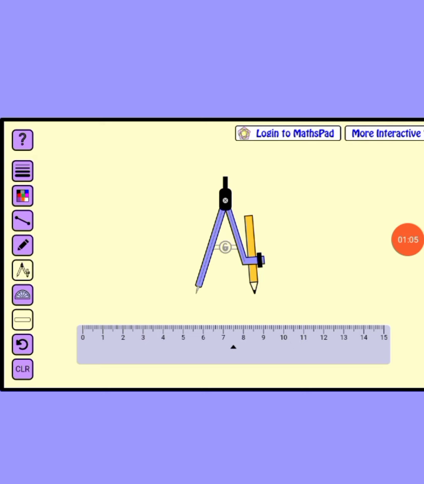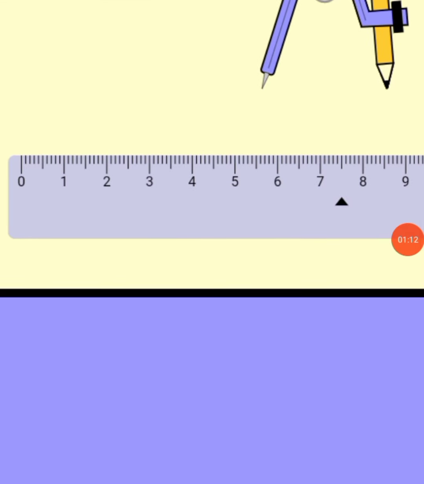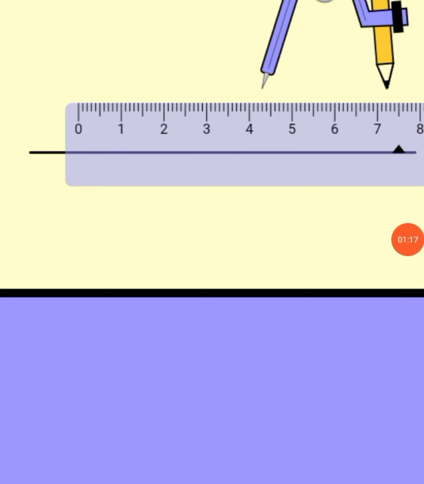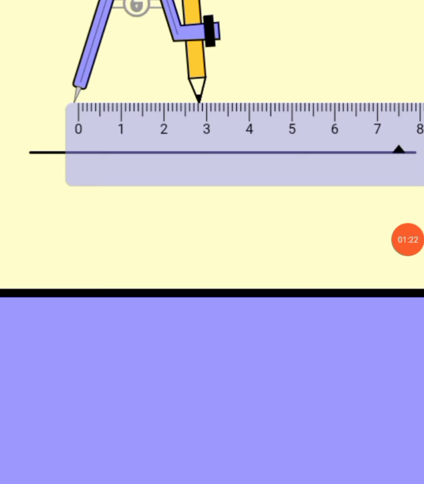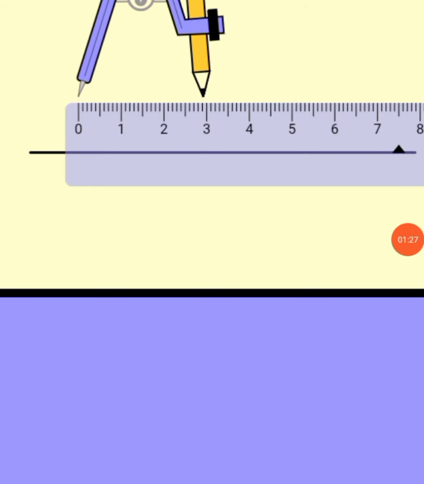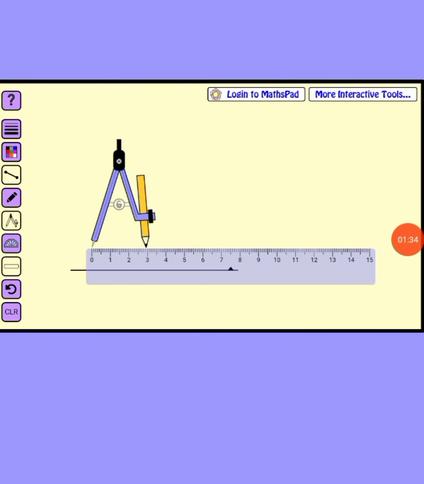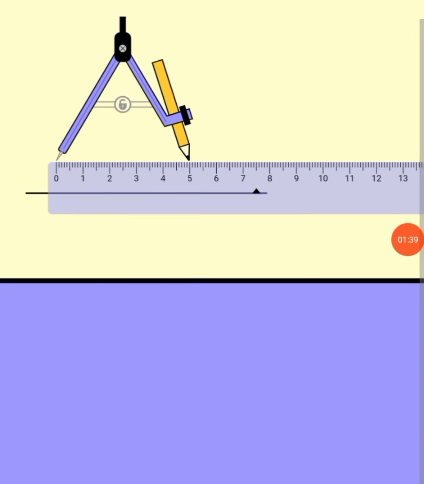So first I will draw a line. Then I will take the scale and take 5 centimeter, keeping it at 0. So it's at 5 centimeter.